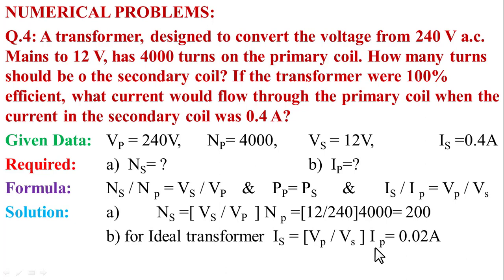Putting the values and finding the solution, that will be equal to 0.02 ampere. For the result of this question: in part A, the number of turns on secondary is equal to 200, and the current is equal to 0.02 ampere.